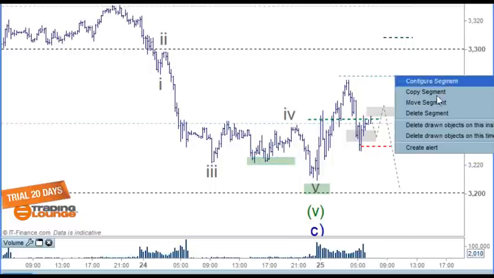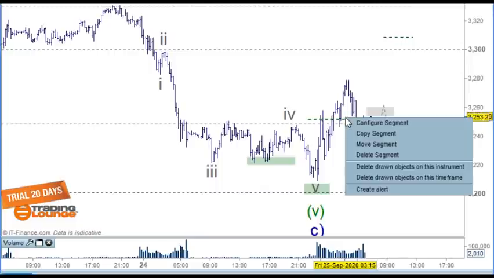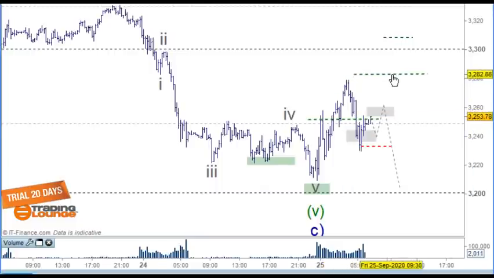So if this top gets taken out, then we'll copy that. We want to be adding to the position at that stage. Let's see if we can do better than that. I'm going to put it there.